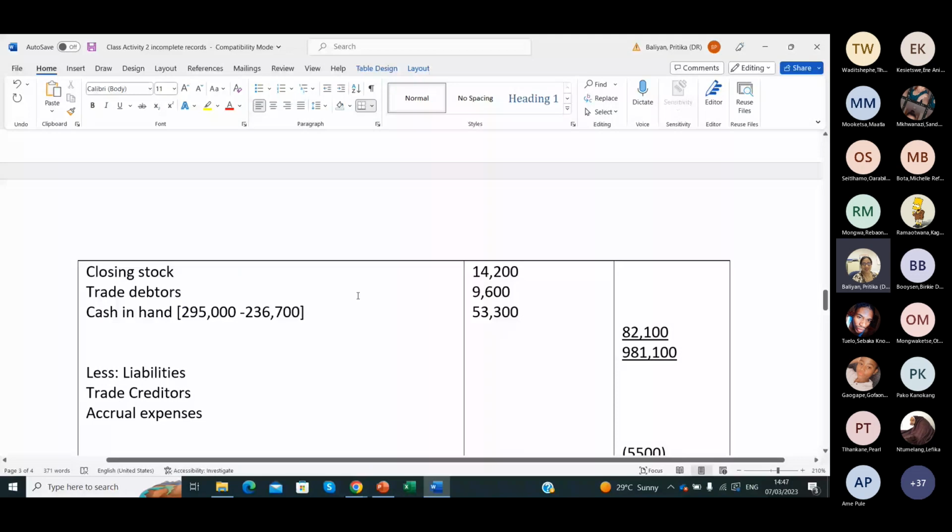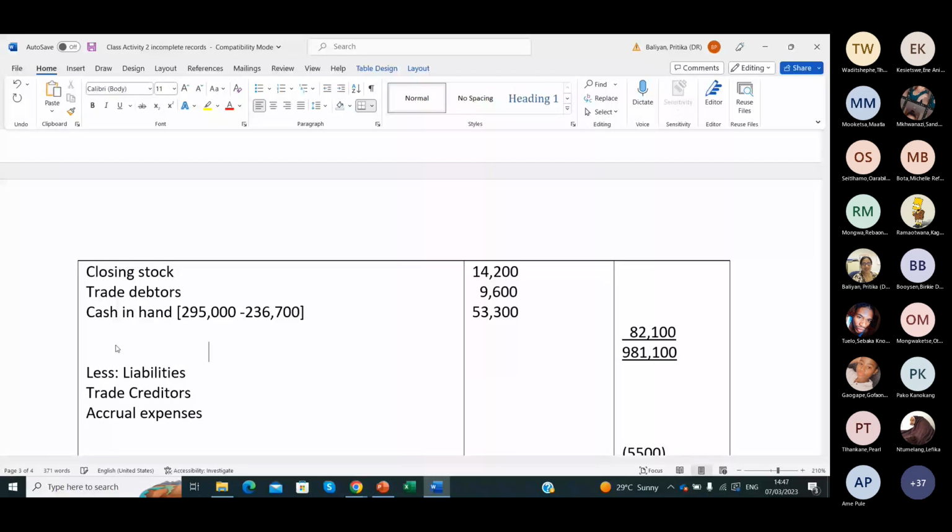So when you add these three figures, 82,100, we add the current assets. So the total assets for the business will be 981,100.